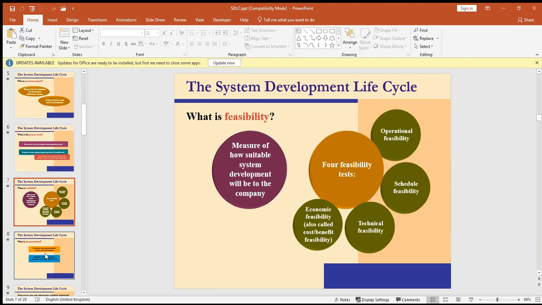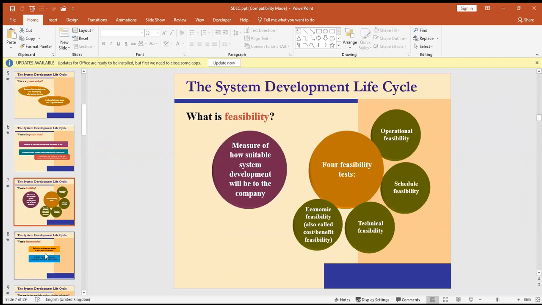We need to get expatriates from overseas. Should these expatriates not be willing to come and do what is required, then the system or the project is going to be as good as useless. So all those different feasibilities are so key.